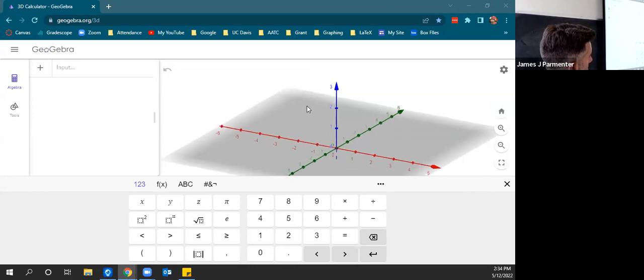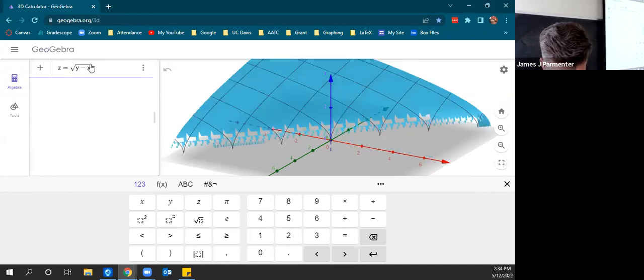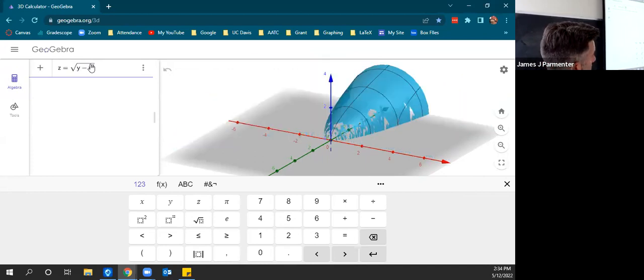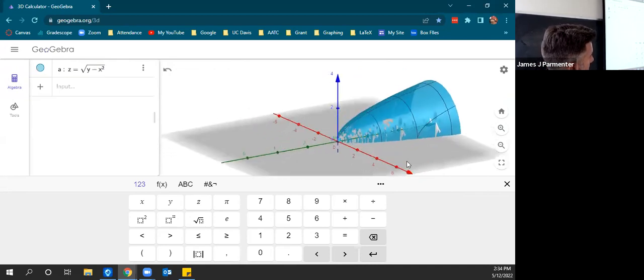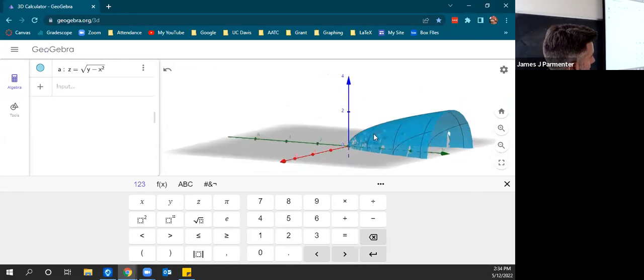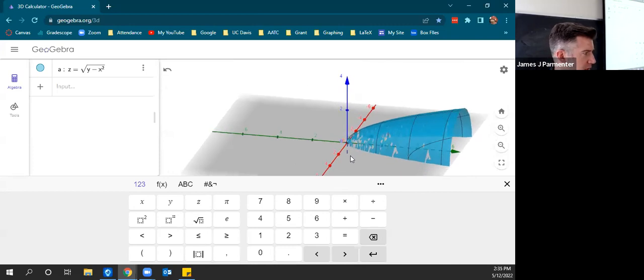So if I input here my function, z equal to the square root of y minus x squared. So looks pretty good. The red axis is your x-axis, the green axis is your y-axis, and the blue axis is your z-axis. Okay, that gives us a pretty good idea of what that thing looks like.